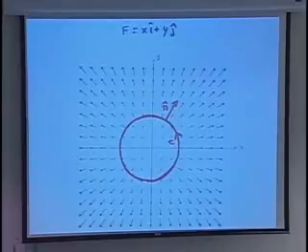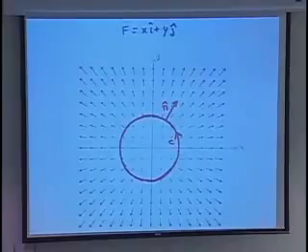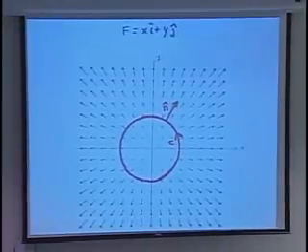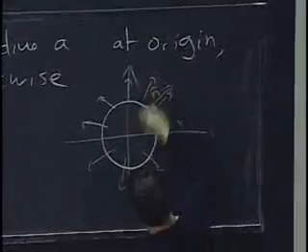Well, if I'm anywhere on my circle, the normal vector is sticking straight out of the circle. Right? That's a property of a circle, that the radial direction is perpendicular to the circle. So actually, let me complete this picture a bit. If I take a point on the circle, I have my normal vector pointing straight out.